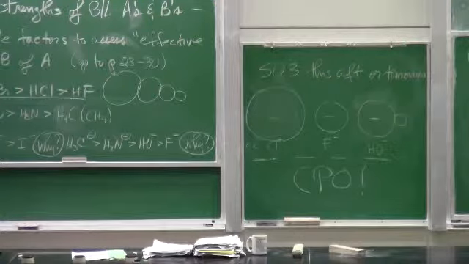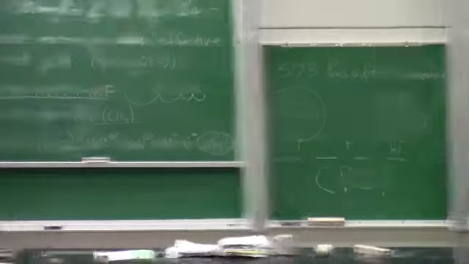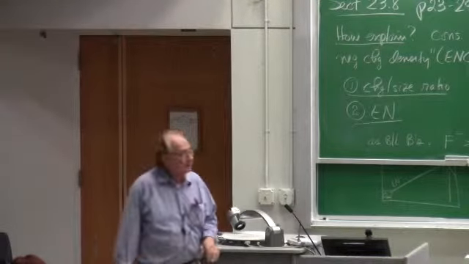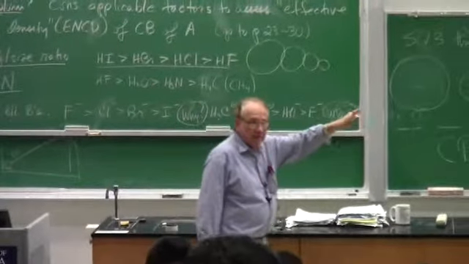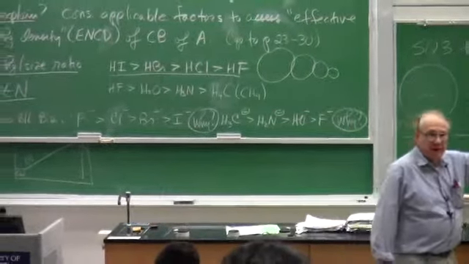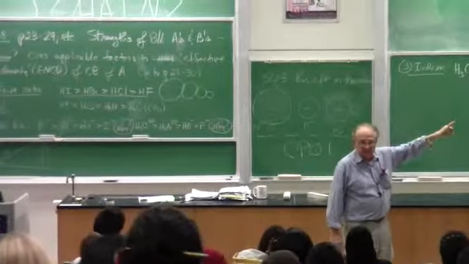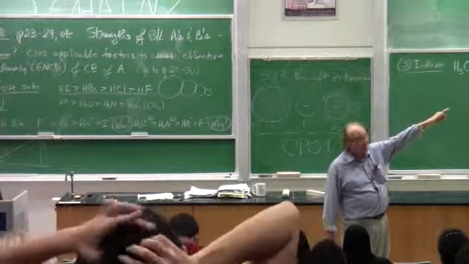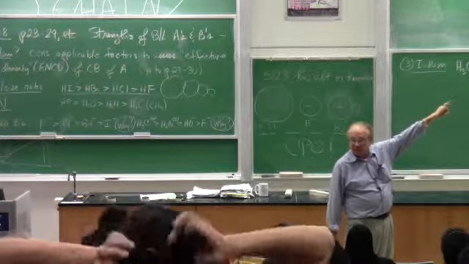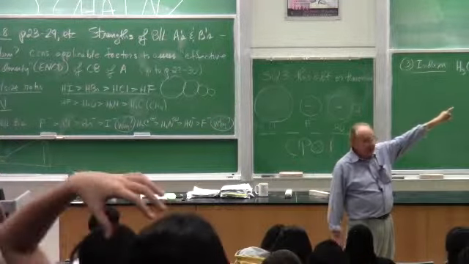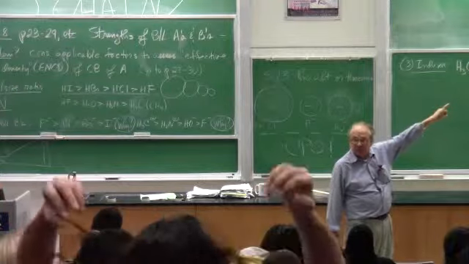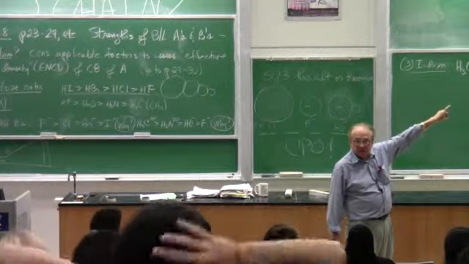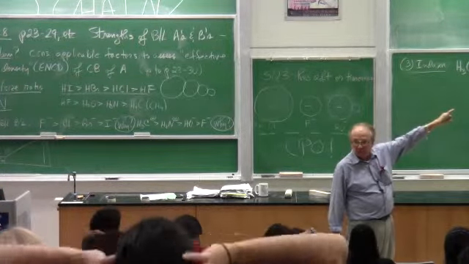Well, since we know from knowledge of periodic trends that HF is a stronger acid than water, we've already established a trend, haven't we? If HF is a stronger acid than water, which is true, we can well expect water to be a stronger acid than ammonia, which is true, and we can well expect ammonia to be a stronger acid than CH4, methane, which is true.